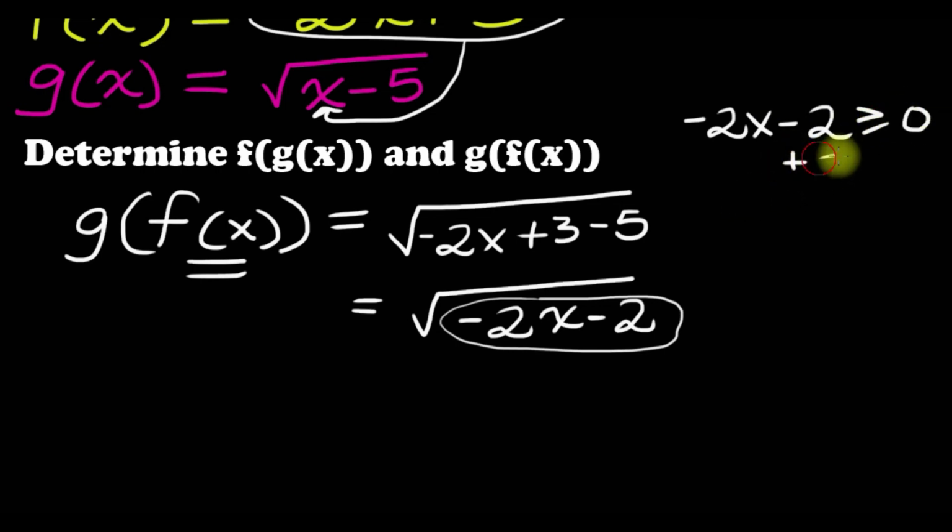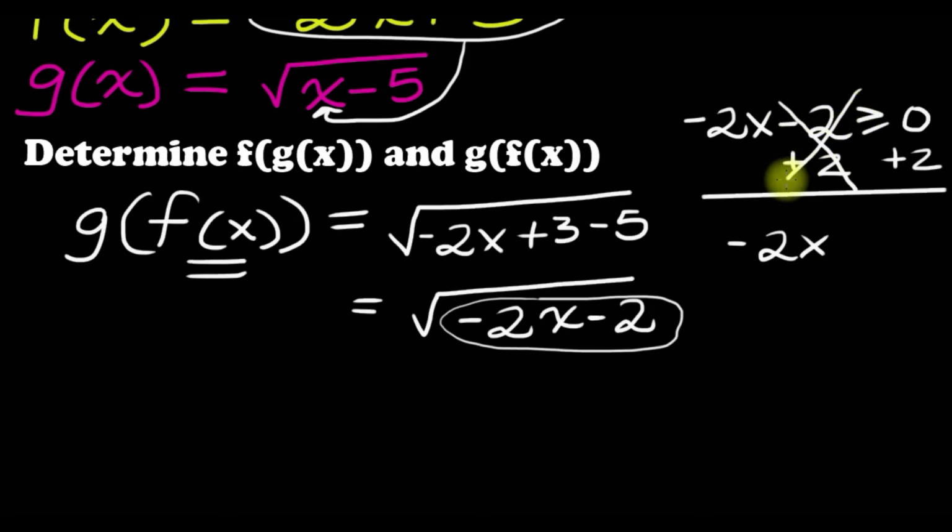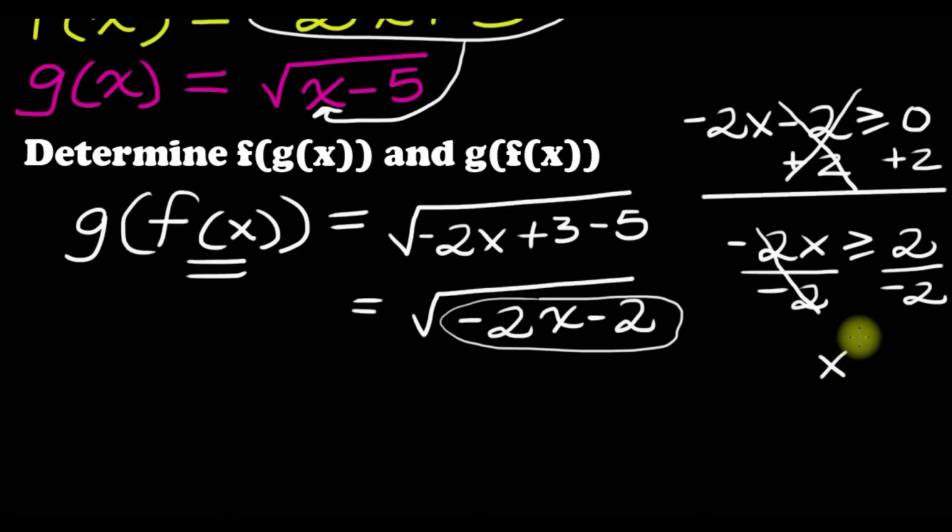So solving here, I would add 2, then I have negative 2x, well, this is gone, and then greater than or equal to 2, and then divide by negative 2. Now when I divide by a negative number, I have to flip the symbol. So instead of greater than or equal to, it becomes less than or equal to negative 1. So this is your domain: x is less than or equal to negative 1.